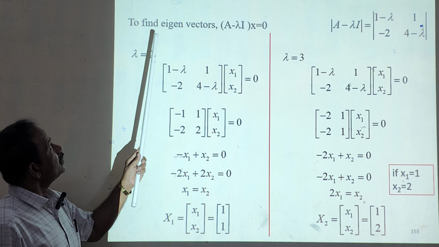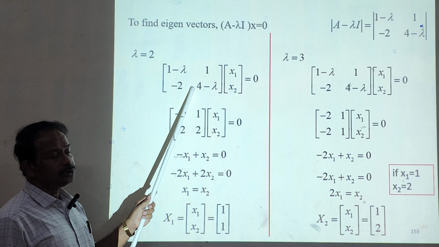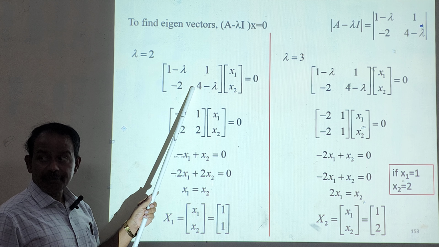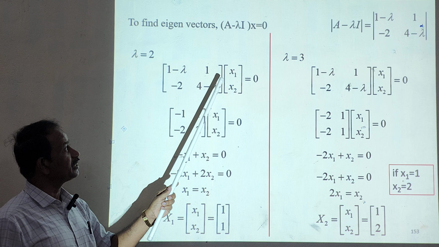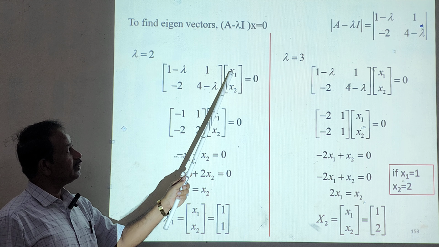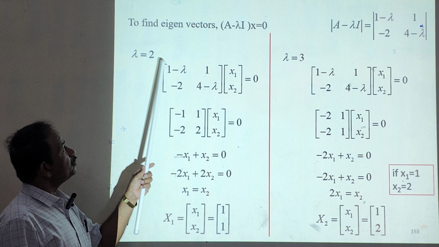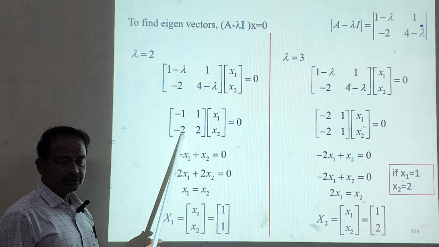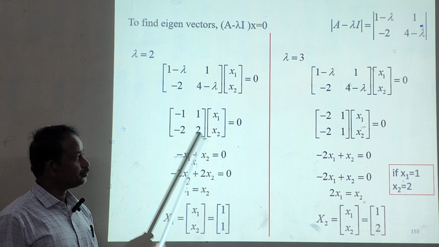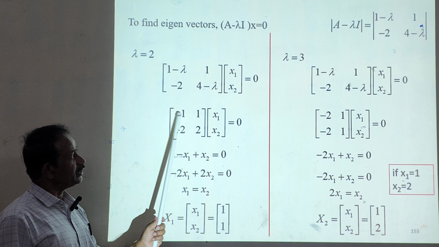Very good. So for lambda equal to 2, you just substitute in the A minus lambda I matrix to find out the eigenvector. So this multiplied by x1 and x2. Substitute here for lambda equal to 2. So you will have minus 1, 1, minus 2, 2, x1 and x2. And this one will be minus x1, correct?